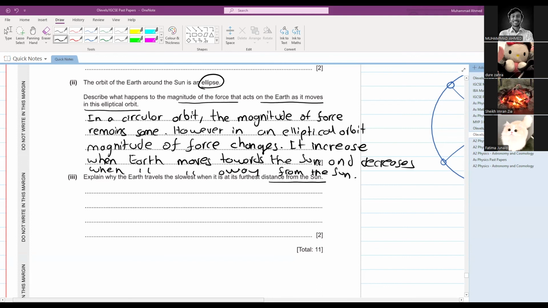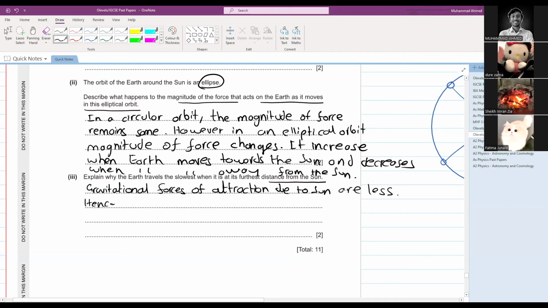Because when the earth is furthest away from the sun, the gravitational forces of attraction due to the sun are less.